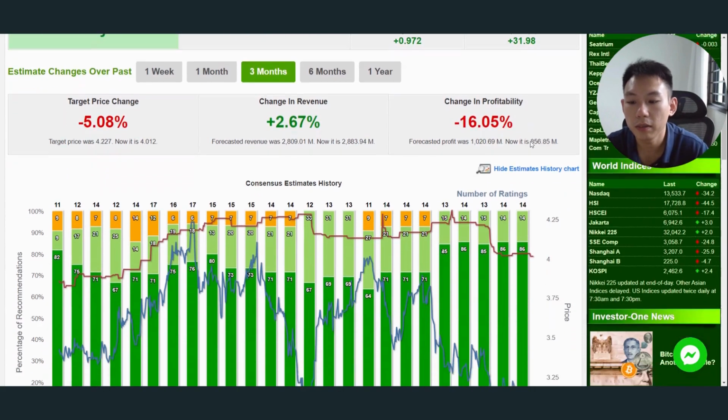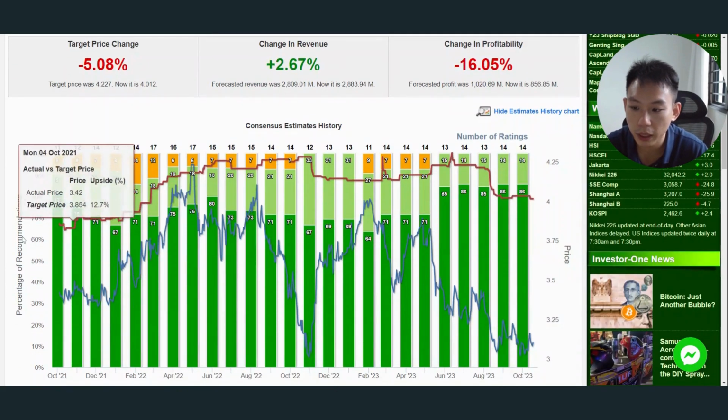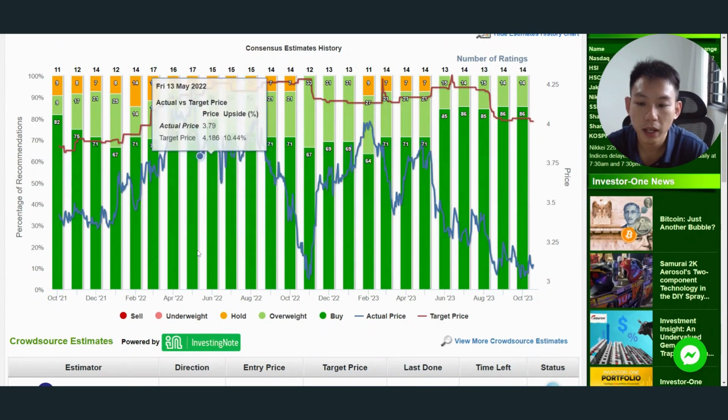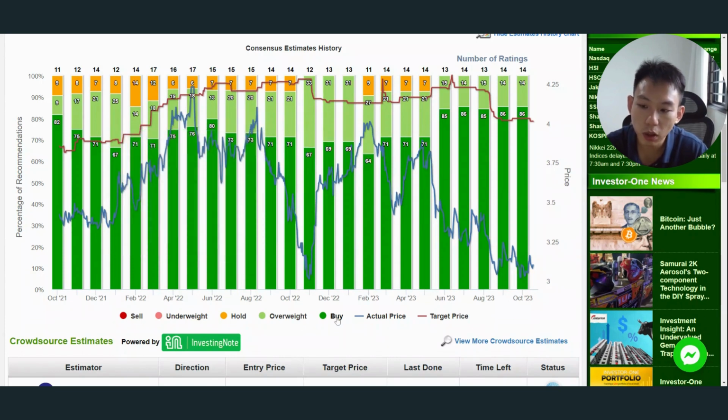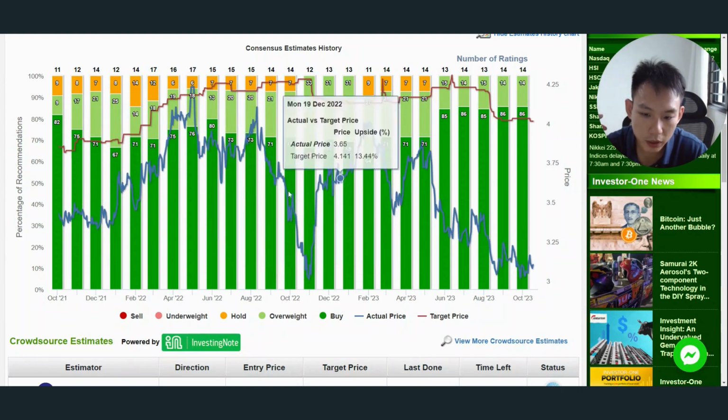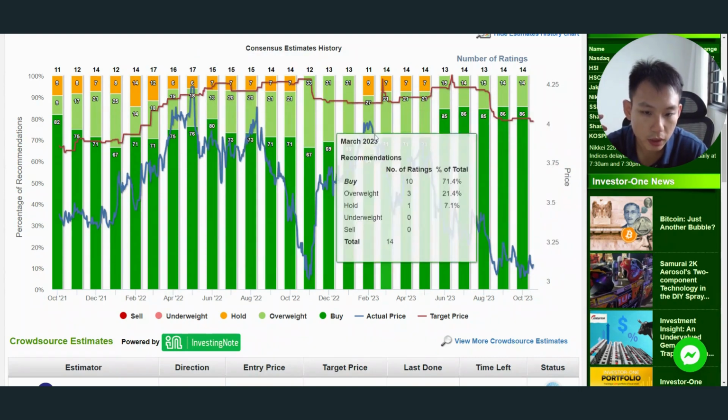And moving on, you can see from here that this is a 2 year period, right? From October 2021 to October 2023. And majority of the analyst recommendations are usually bright green, which is buy. And you can see the share price movement in this blue color line over here.